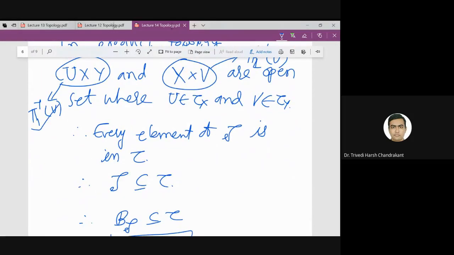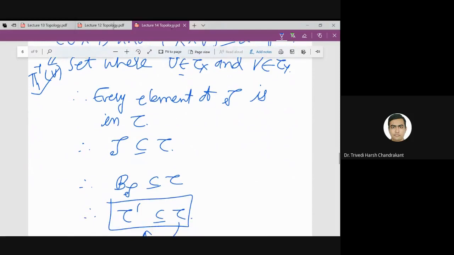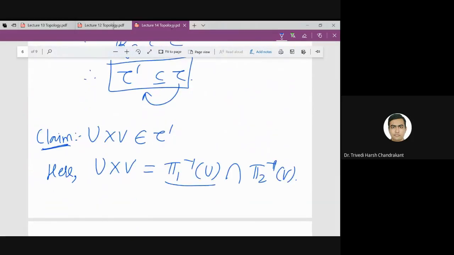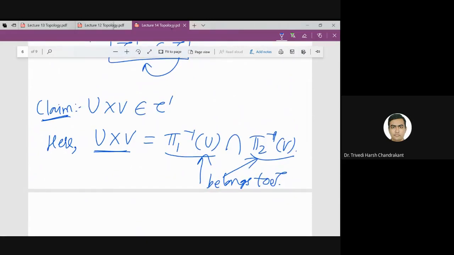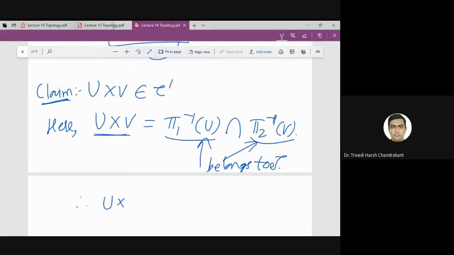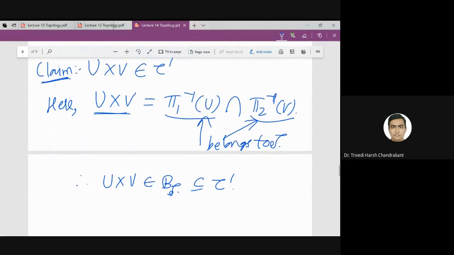Sorry, these two are the subbasis elements. This and this belong to S, right? So I can write every set U cross V as an intersection of basis elements. That means U cross V belongs to the basis of S, and the basis of S is contained in the topology generated by the basis. So the topology generated by S is tau dash.